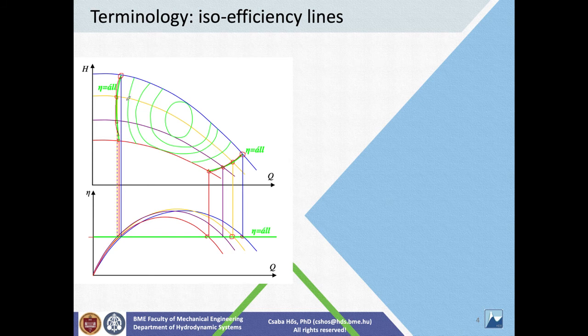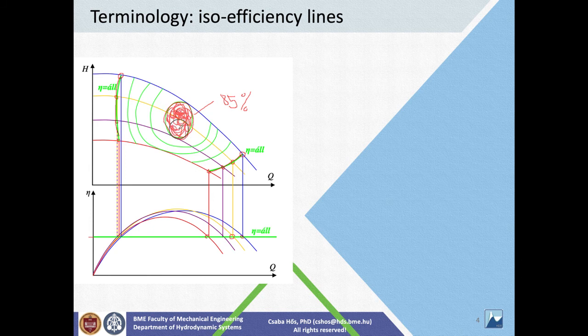And you do this for the rest of the efficiency values. Then you get lines, and in between these regions, the minimum efficiency is 80%. So if this line here corresponds to 85% efficiency, then all the operating points within this region have at least 85% efficiency.